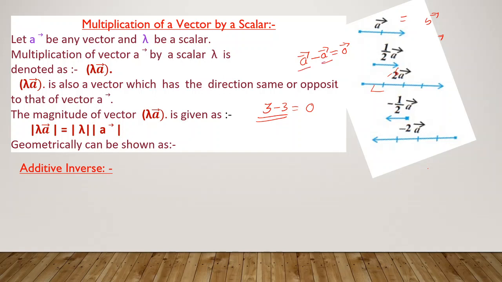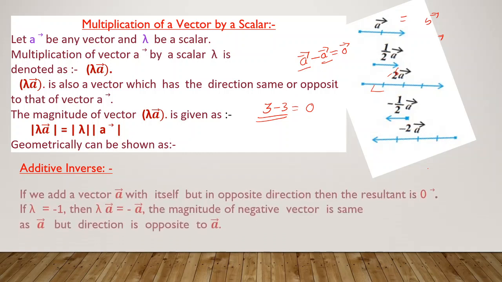If I add, then this will result in a zero vector. That we call the additive inverse of the given vector. If you want to write the additive inverse for the given vector, just check its opposite direction. That will be the vector which is the inverse of the given vector.